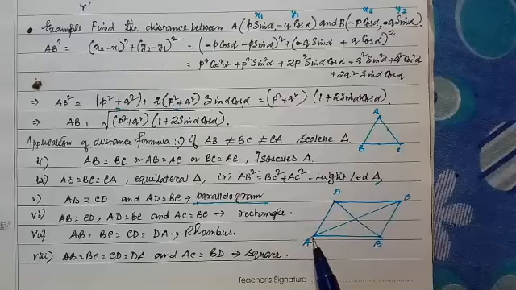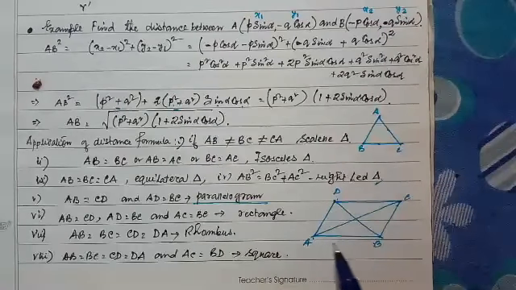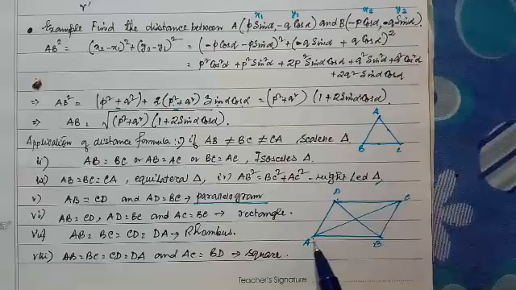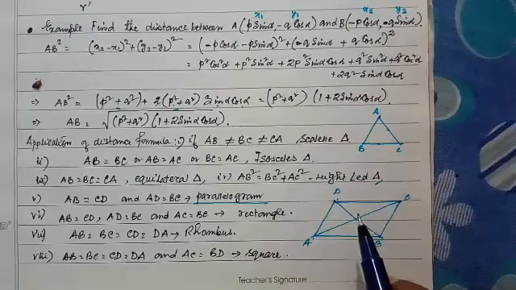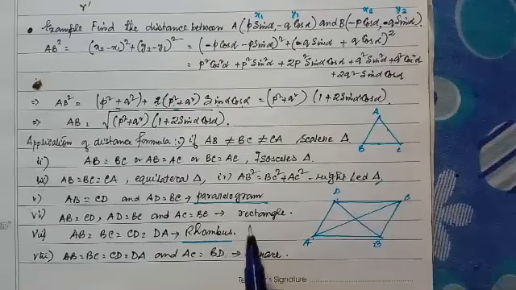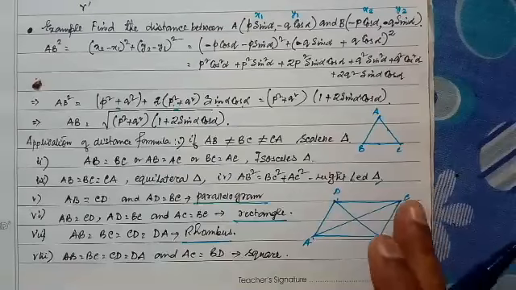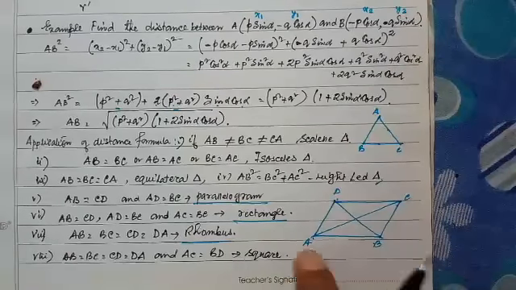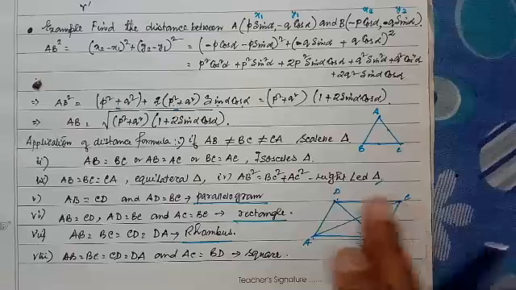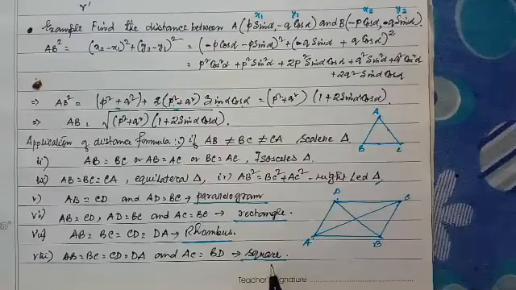Similarly, if it is that AB is equal to BC is equal to CD is equal to DA, that is measurement of all the sides are equal, then this is a rhombus. Now if we are given that AB is equal to BC is equal to CD is equal to DA and AC is equal to BD, that is diagonals are equal, then that is a square.